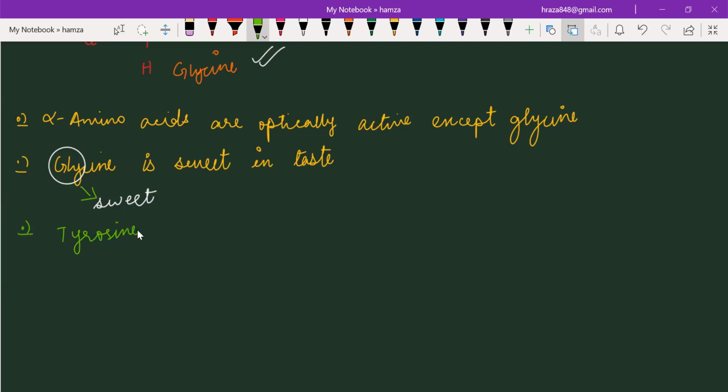Tyrosine is obtained from cheese. And you can see tyro basically means cheese. So these 2 points you need to remember.